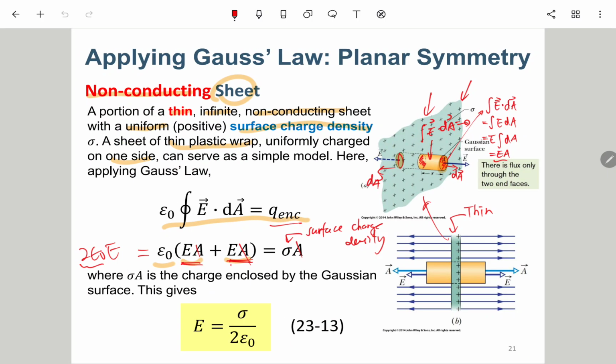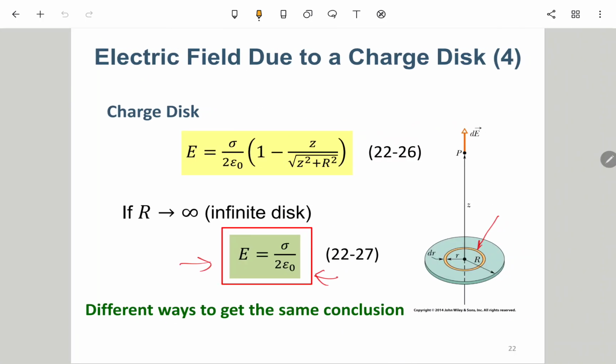Here we use the Gauss law. So we push all the mathematics into the Gauss law itself, we hide behind the Gauss law. By using the Gauss law, we only need the first step, the second step, and then the first step, and we come up with the same expression, the same conclusion.